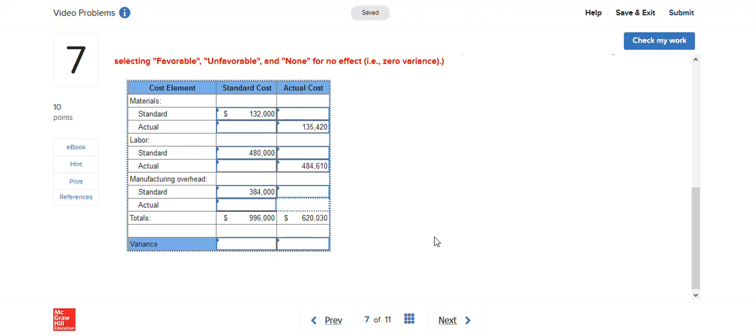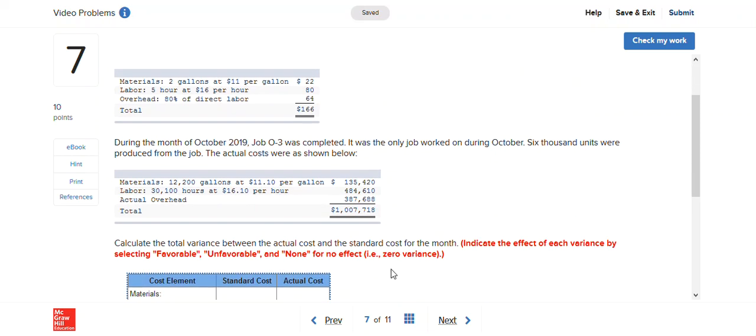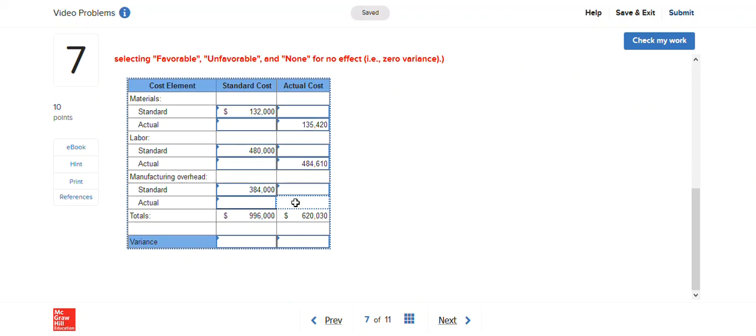And then our actual, still 80% of direct labor hours, but we used more in hours, and we had more of an actual, it was 10 cents more than what we had anticipated. So that's given as $387,688.